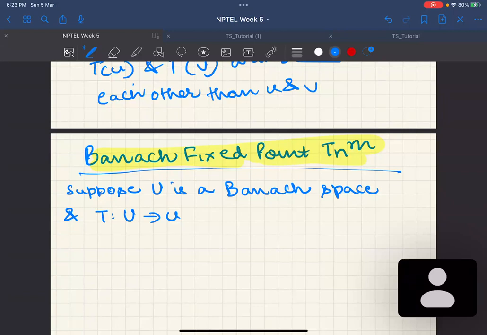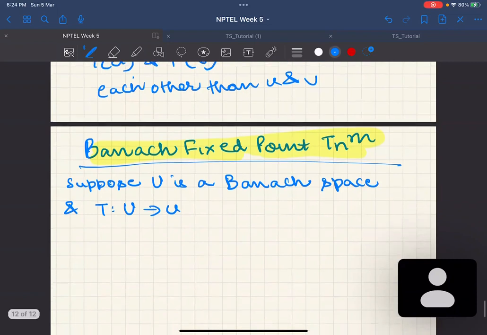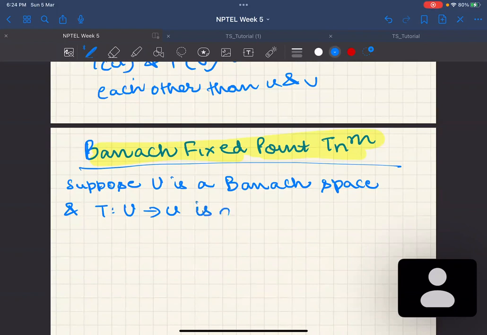If the Cauchy sequence converges to a point that is in the vector space itself, then it is a complete normed vector space, or you can say a Banach space. I'll come up with examples next time. Contraction mapping, you got it? Yes, I understood.